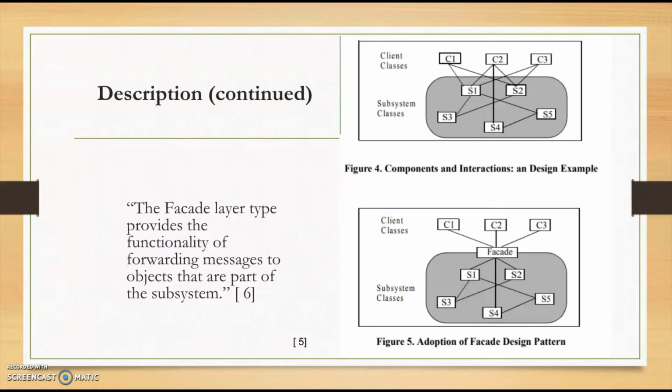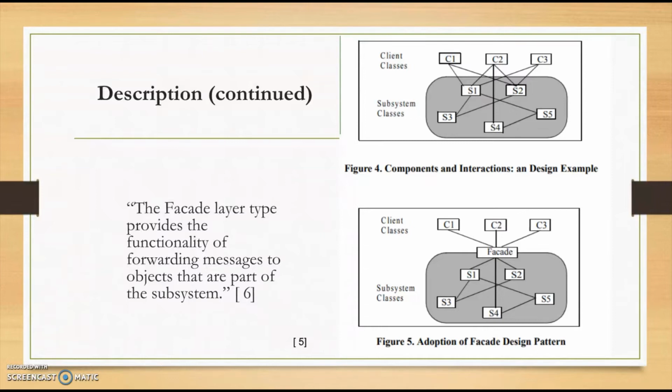So on the top, we can see where there are lots of client classes and operations that can be done, but there's very tight coupling between classes C1, C2, and C3 and the rest of the system. The subsystem classes there are outlined in gray. However, below that, when a facade pattern is used, it creates that collection of interfaces and makes one high-level contact point with the client. All of the requests are made to the facade from the client.